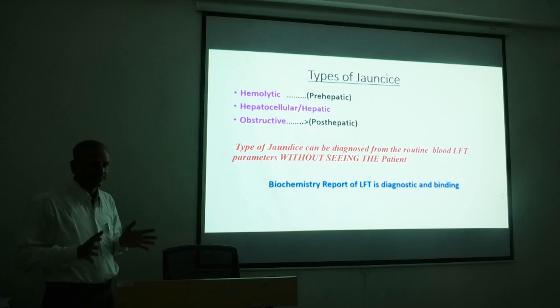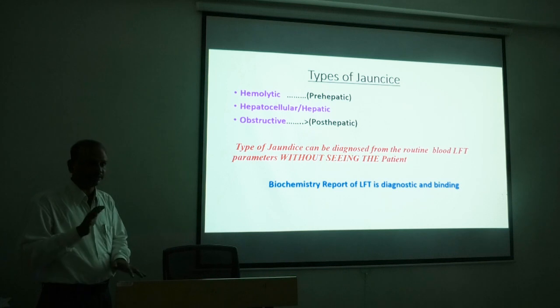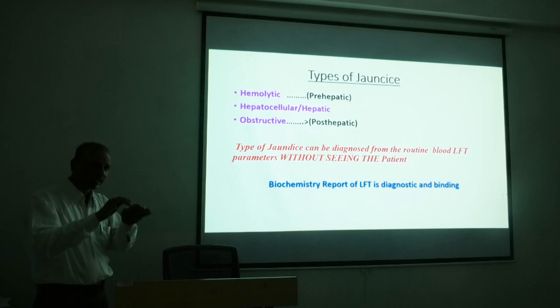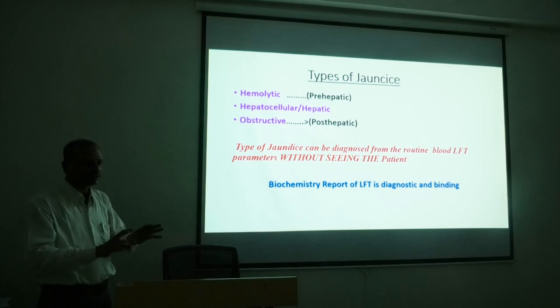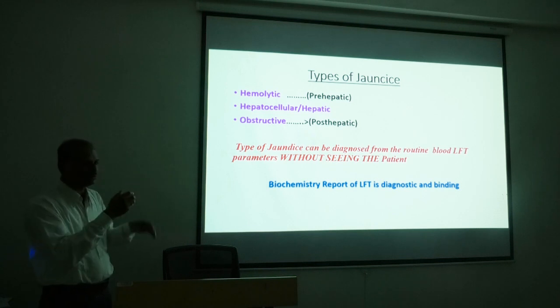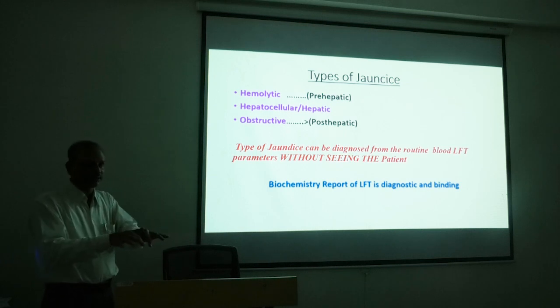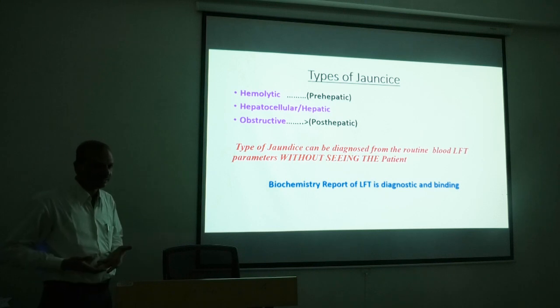And if the liver fails to conjugate properly, or there is a disease in the liver, then that is hepatic. And after conjugated bilirubin has been formed, it will be excreted into the biliary system. If anything happens during that period, that is called post-hepatic. The biliary canaliculi are also within the liver, so you might say that still it is in the liver.